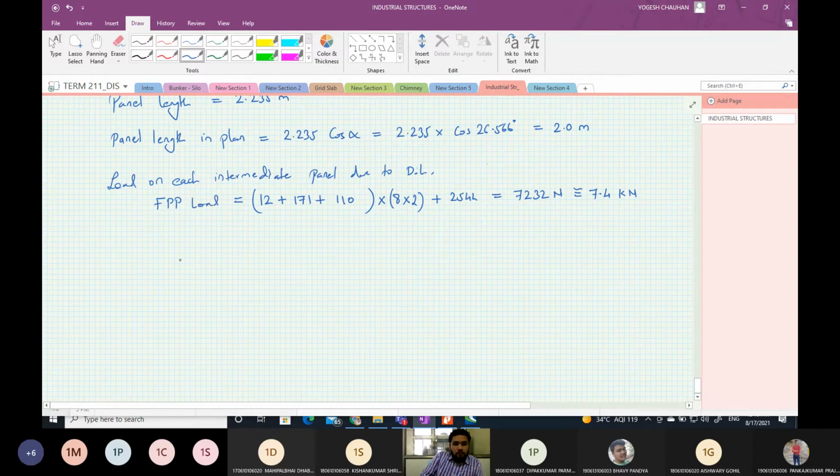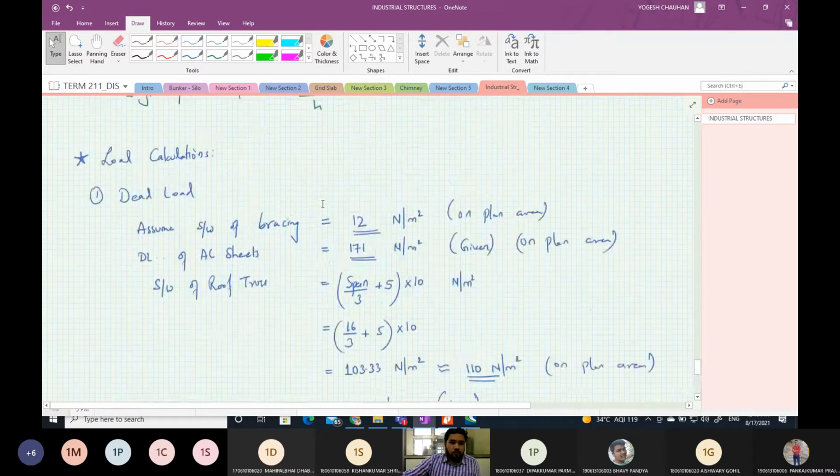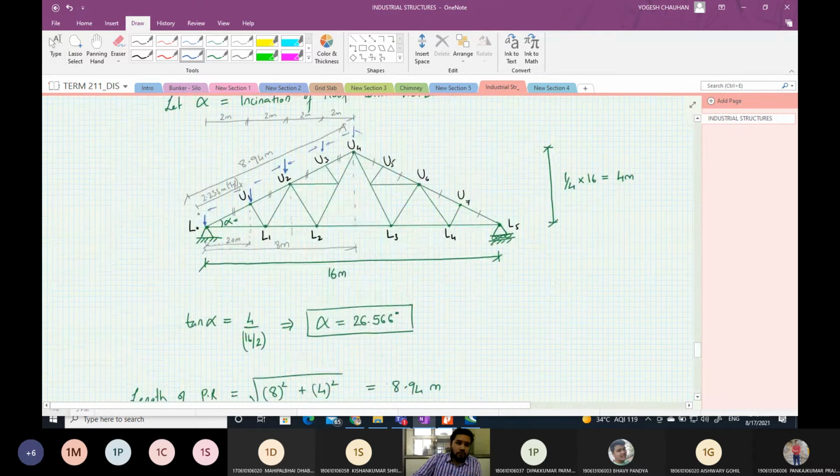Similarly, the half panel point load will be half of this, that is 3.7 kilonewtons. This is half panel point, this is full panel point for the dead load.